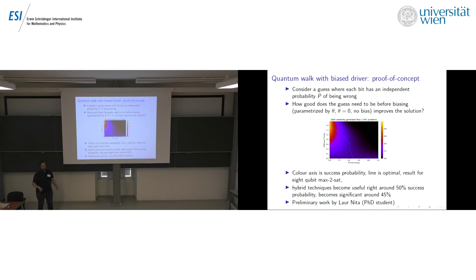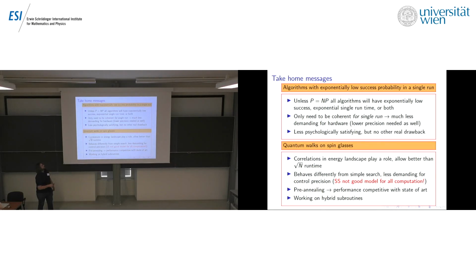This is just with quantum walk. We haven't looked at doing ramps with this yet, but this is preliminary work done by my grad student, Laura Nita. And so now, at least for the main talk, that's what I wanted to get across.